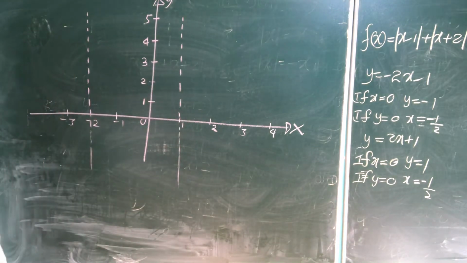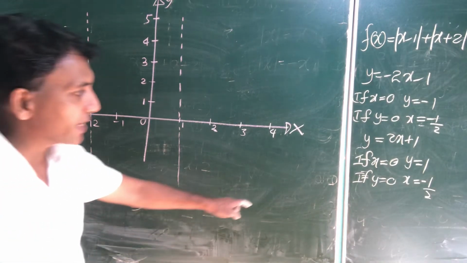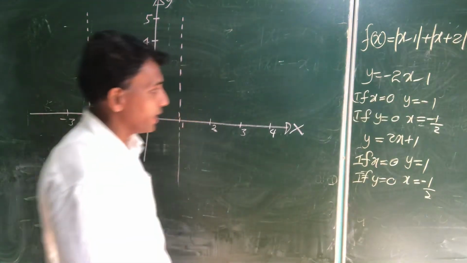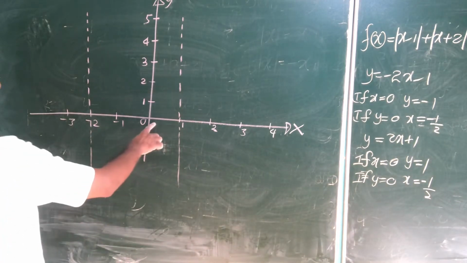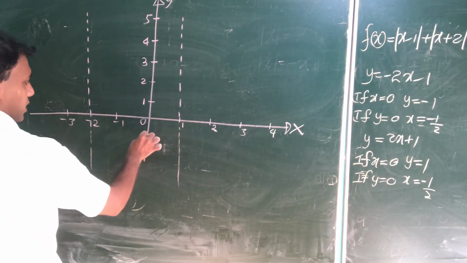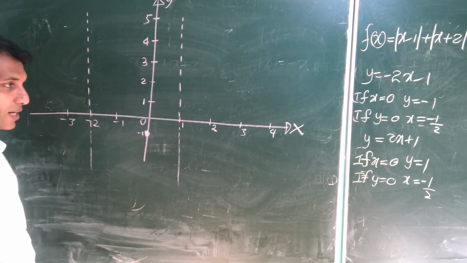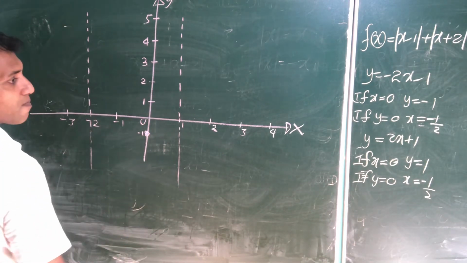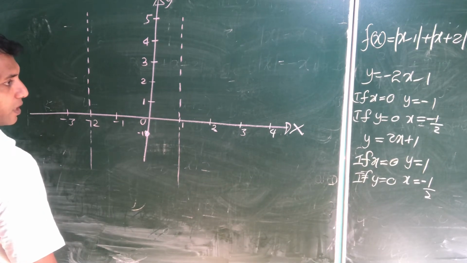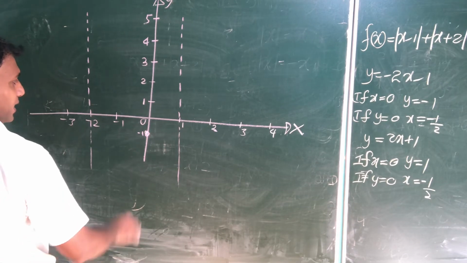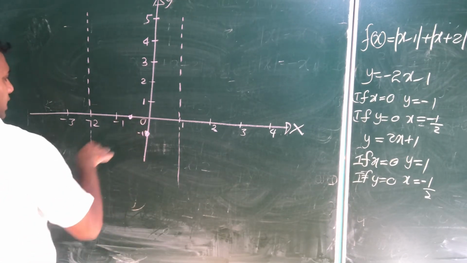Okay, so what is the answer? For x less than minus 2, we have a straight line graph, y equals minus 2x minus 1, right? So x is 0, here minus 1, this point; x 0, y minus 1; y 0, x minus half. Okay, see how I am drawing.